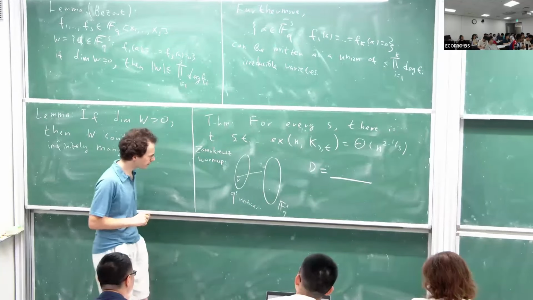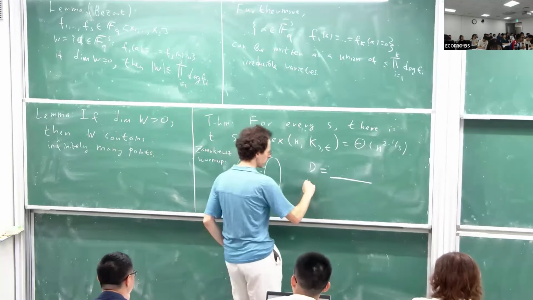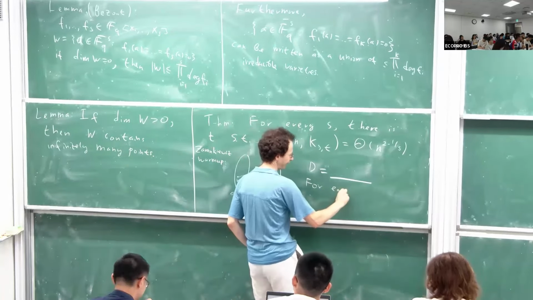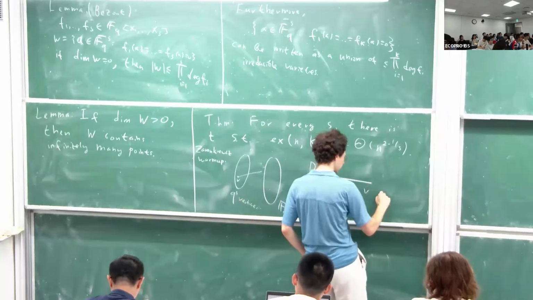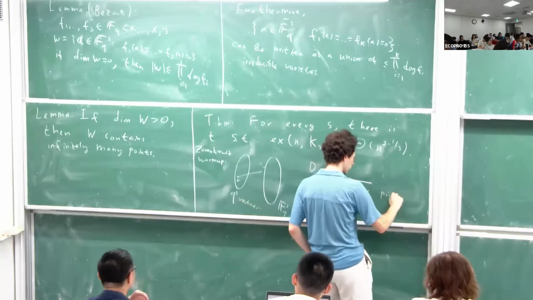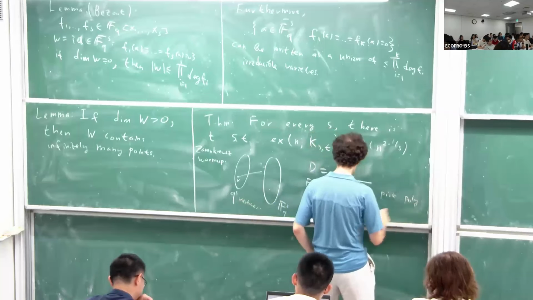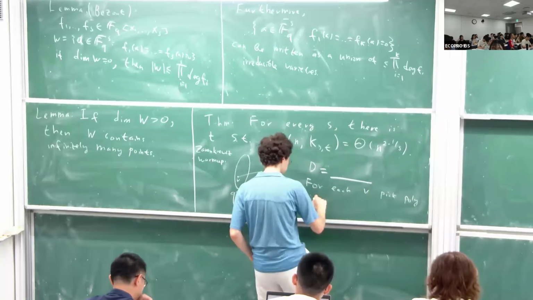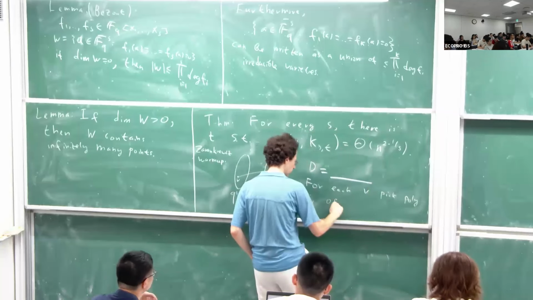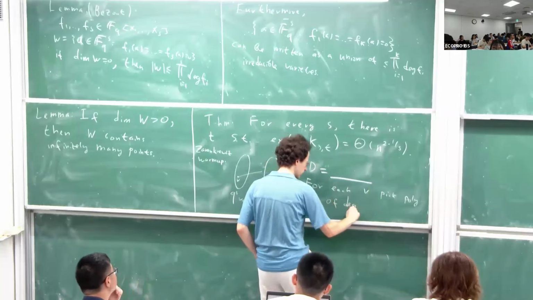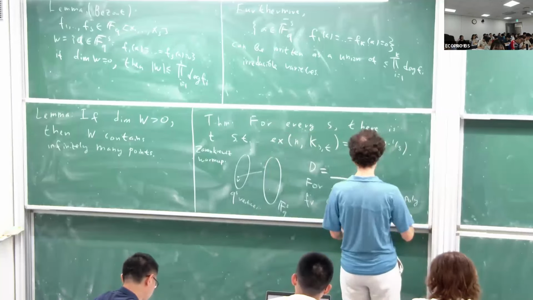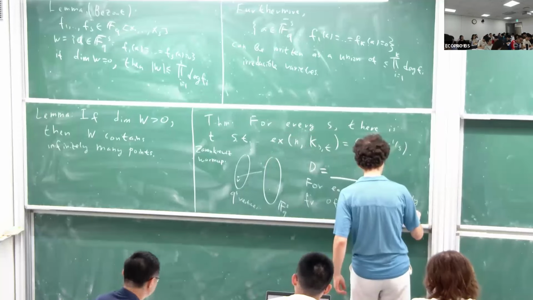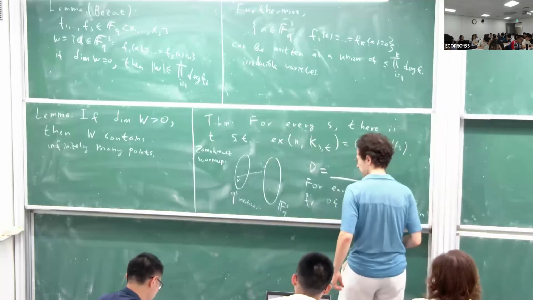And for each vertex V, we're going to pick a polynomial f_V of degree at most D uniformly.